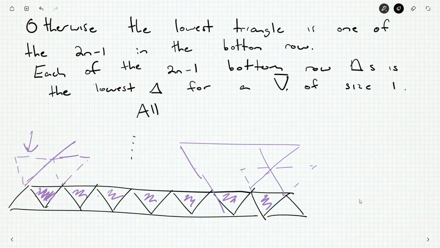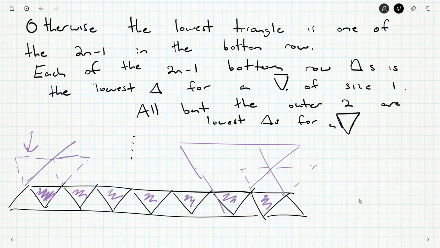Okay. All but the outer 2 are lowest triangles, trying to use the same sort of terminology, are lowest triangles for a downward facing triangle of size 2.